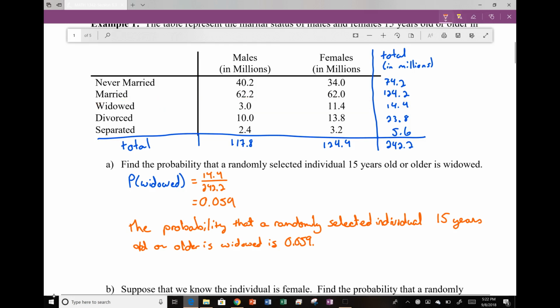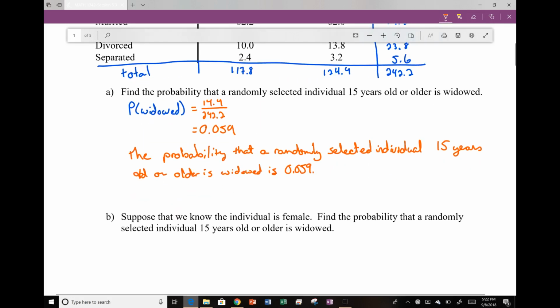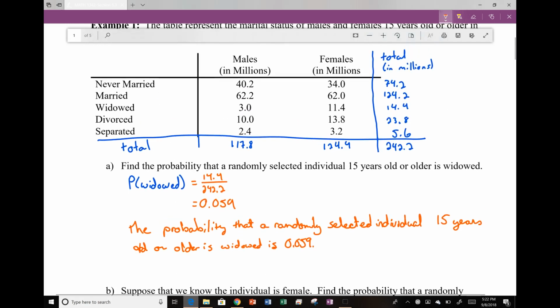0.059. So now then, suppose that we know the individual is female. What this says is whenever I know that they're female, that means I know that I'm looking at strictly these people right here. I'm not looking at any of the men, and now my totals are gone because I'm looking at strictly the females.